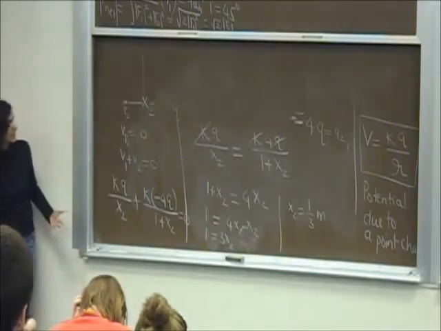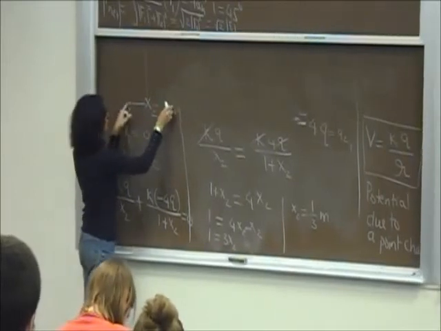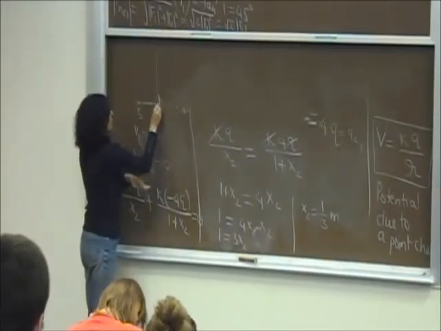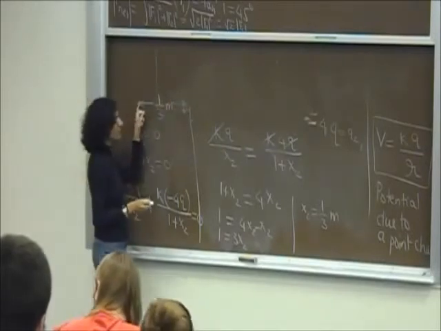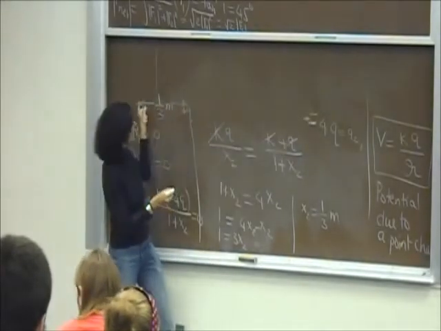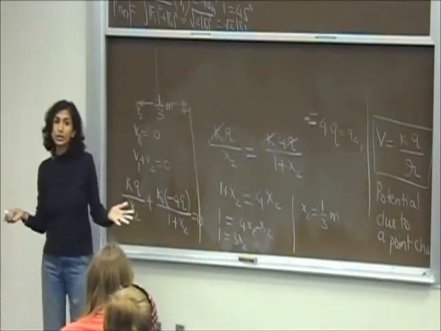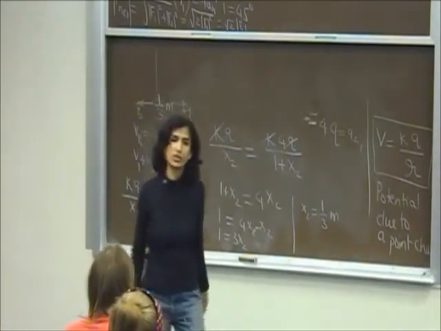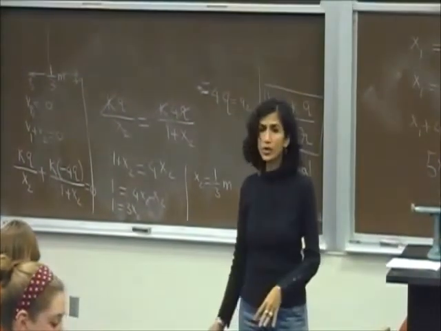So that means at a distance 1/3 meter away from this charge plus q, that means at a distance of 1 meter plus 1/3 meter away from minus 4q, the potential will be 0 due to both of the charges taken together. Does that make sense? Any questions, folks?